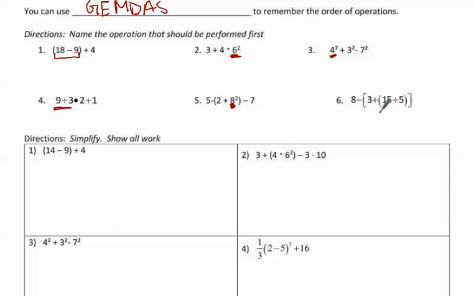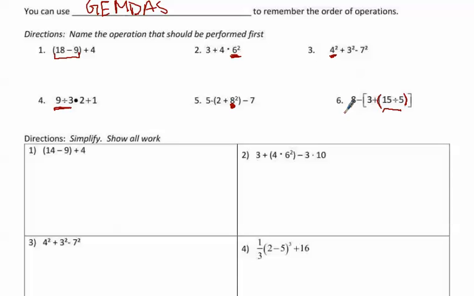Problem 6, you have a grouping within a grouping. So anytime you have parentheses, you always follow GEMDAS within the parentheses. It's very similar to a mini order of operations. So in this case, 5 divided by 3 will be first.